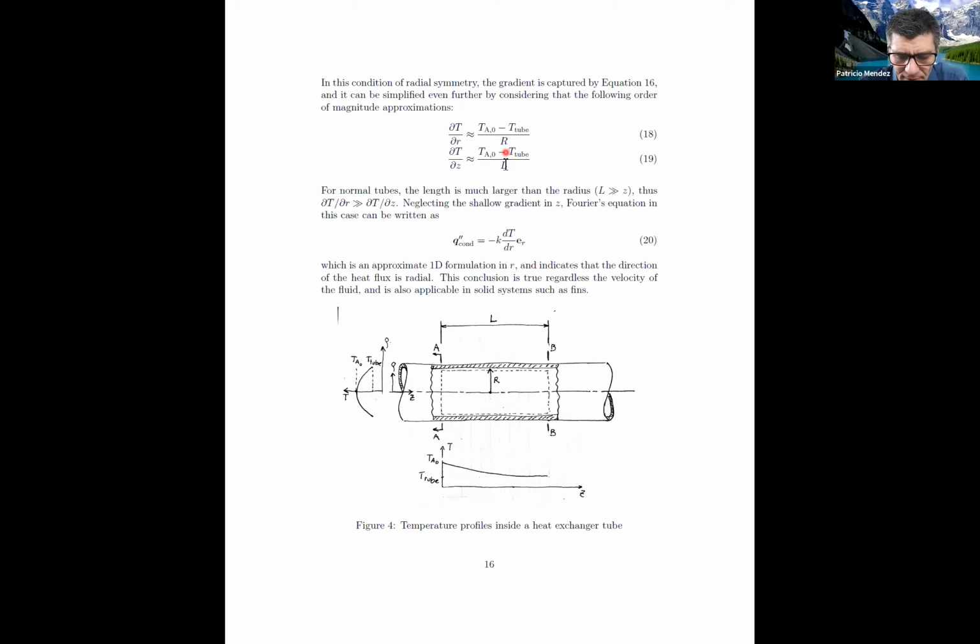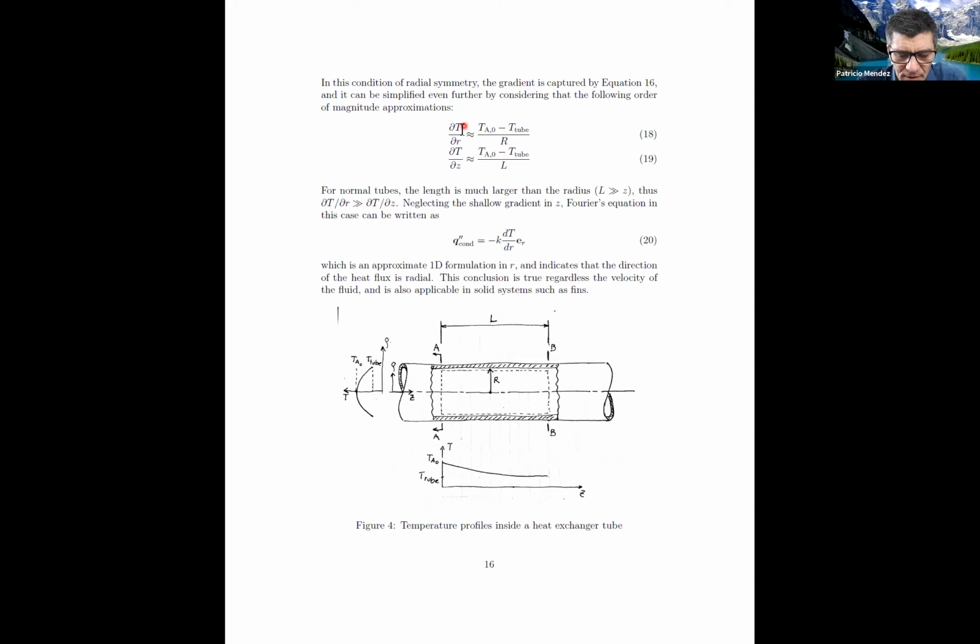In that case, this gradient in Z, the longitudinal gradient, is much smaller than the radial gradient, because I'm dividing by a long number, the length, that can be meters.